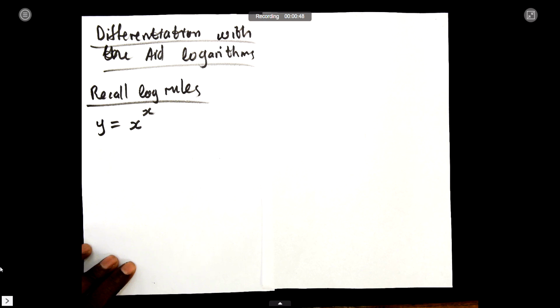So you cannot apply the power rule, or the exponential function rule, multiplying the base by the derivative and saying ln of the base, because the base here is a function, so y is in terms of x.